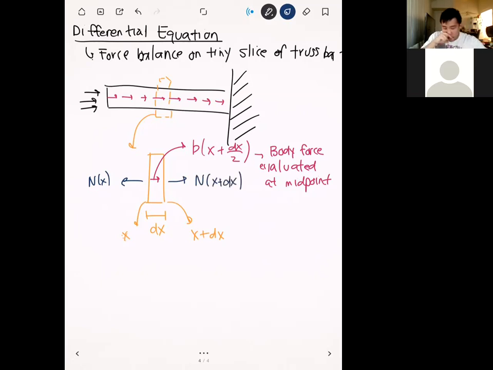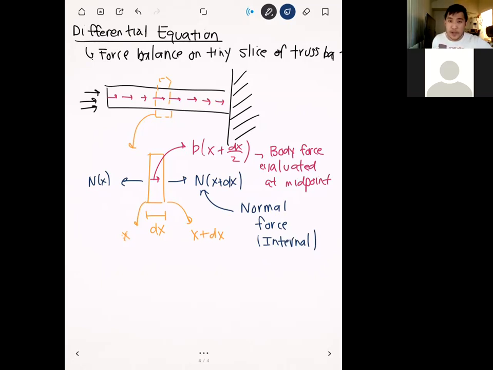Let's define a function n, where n is what's called the normal force. So this is an internal force, a force that's felt on the interior of this truss.